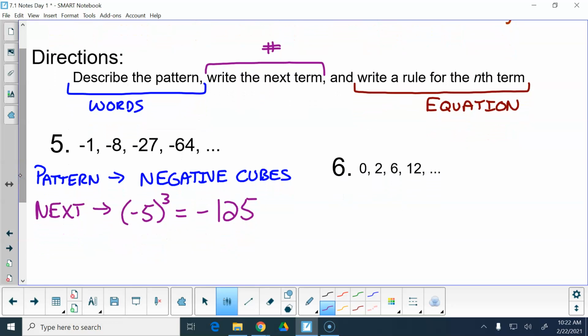Writing a rule then for it. There's the rule. Negative term cubed. Okay.